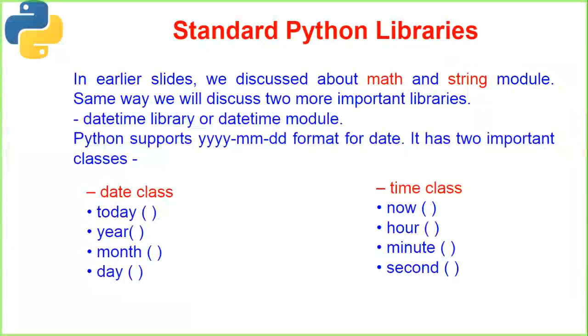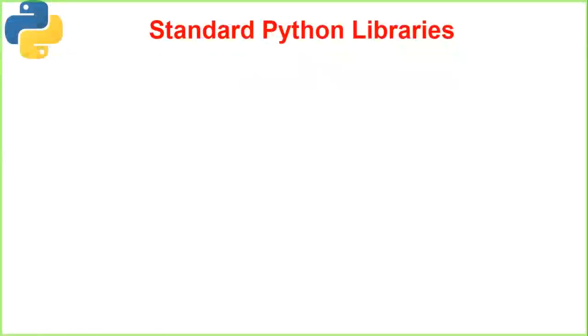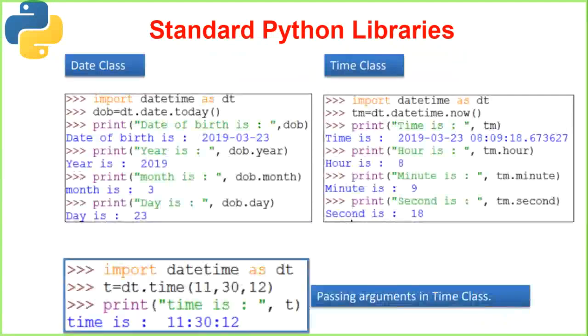And under the time class, we have functions like hour, minute, and second. So how to use them? We'll see examples of these functions on the next slide. So this is the program in which we have incorporated the datetime module.